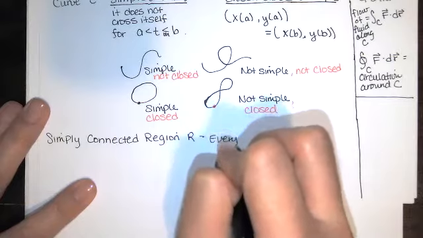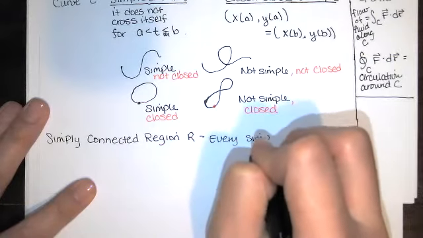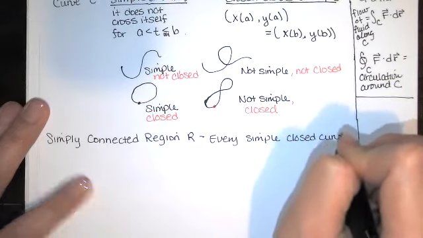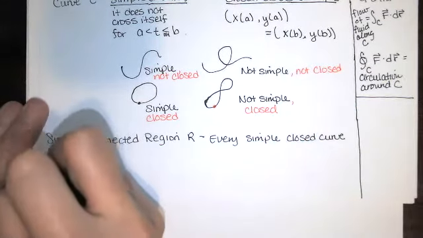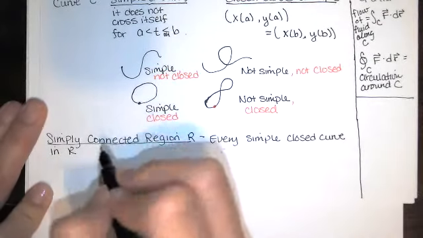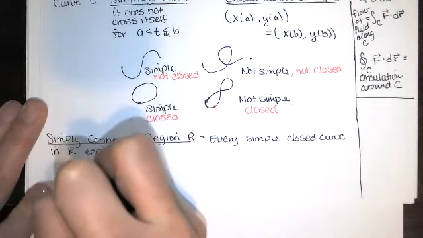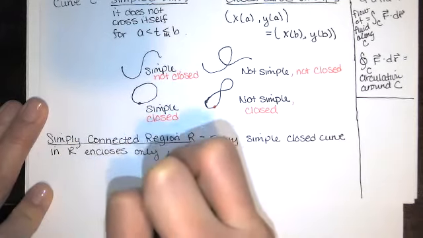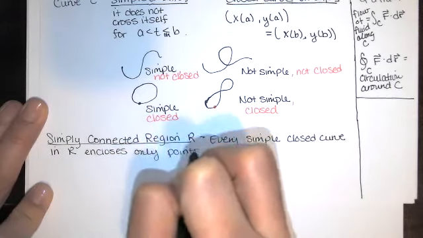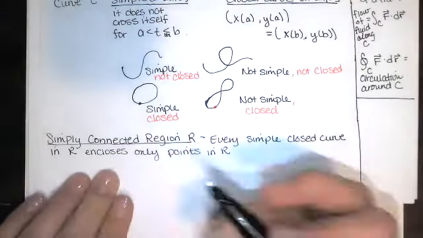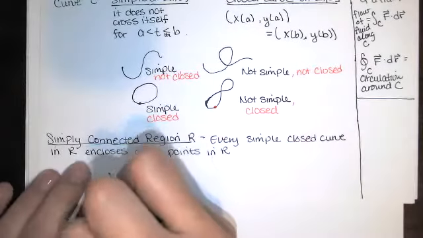Every simple closed curve in R encloses only points in R. So here's a simply connected region.